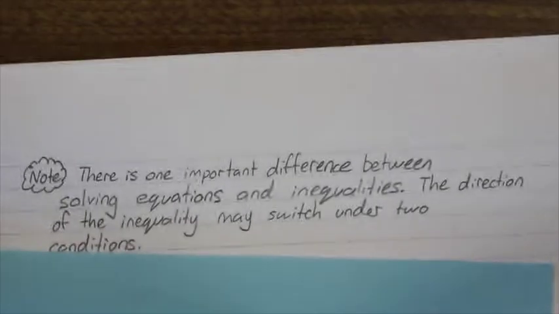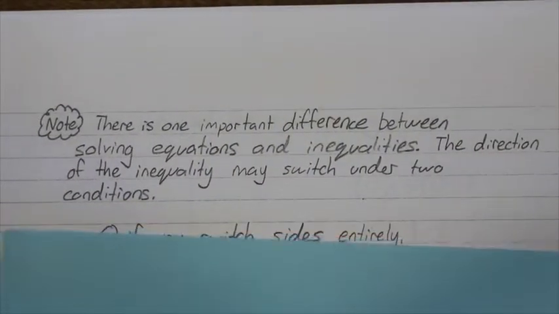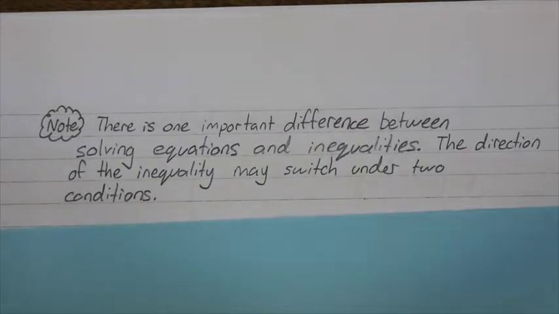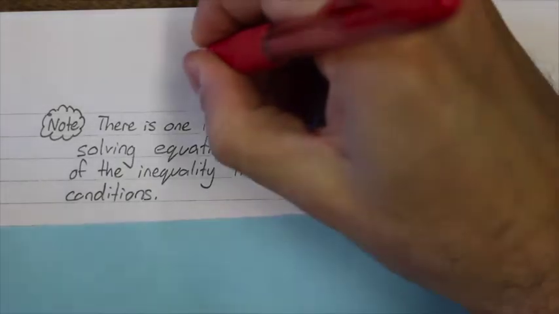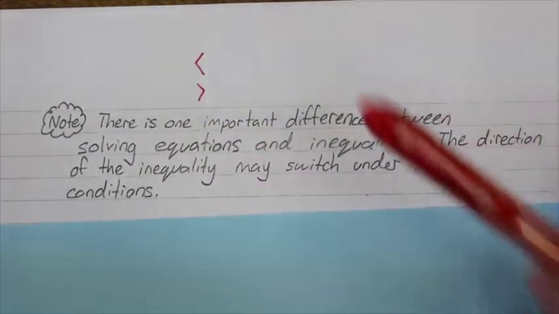So, important note here. This is very important. There is one important difference between solving equations and inequalities. The direction of the inequality sign may switch under 2 conditions, meaning we might go from a greater than, and then as we work down, it might become the other way.